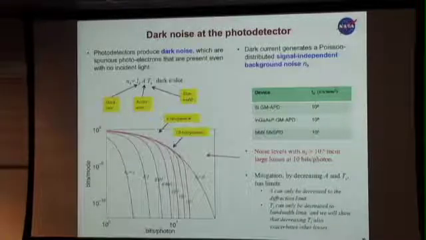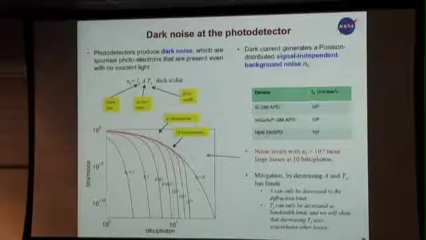Second type of noise that always comes into an optical communication problem is dark noise at the photodetector. With different devices, you have different levels of dark noise. And depending on the level of dark noise, the Poisson model computes the point at which the capacity efficiency curve will deviate from the ideal case of no background noise.